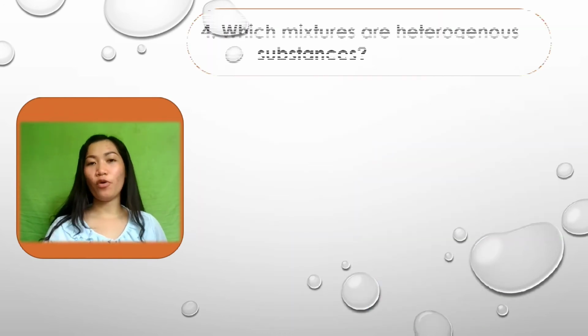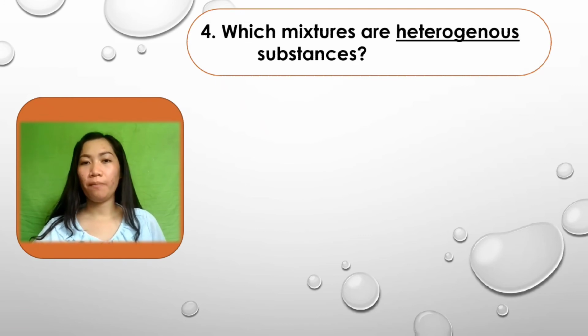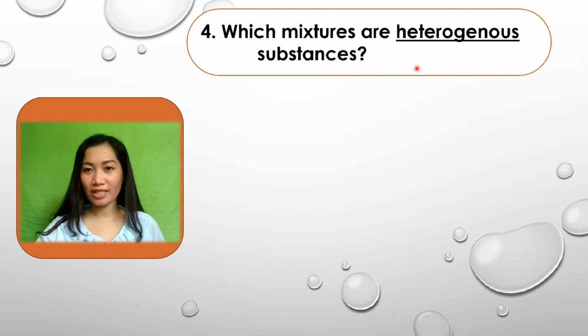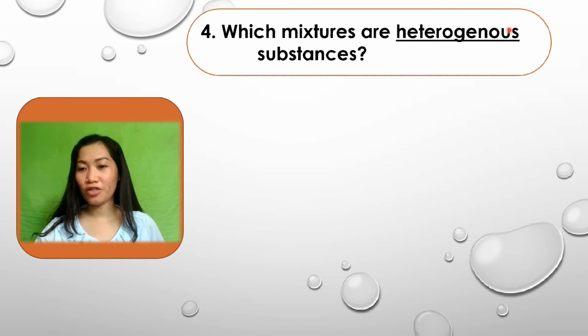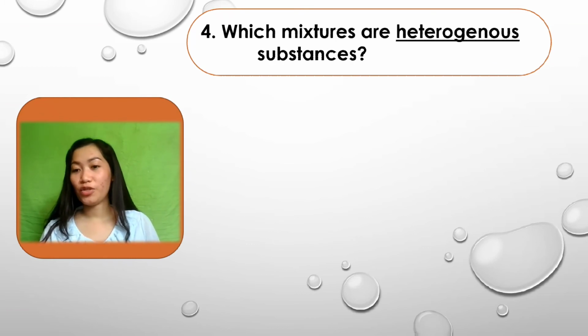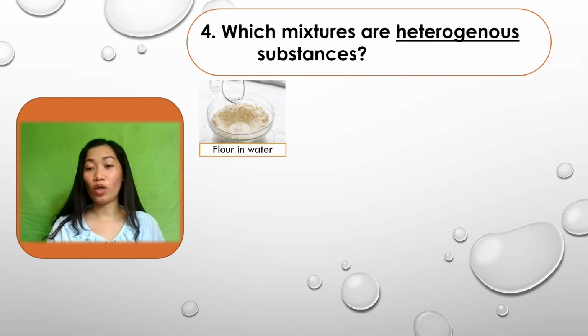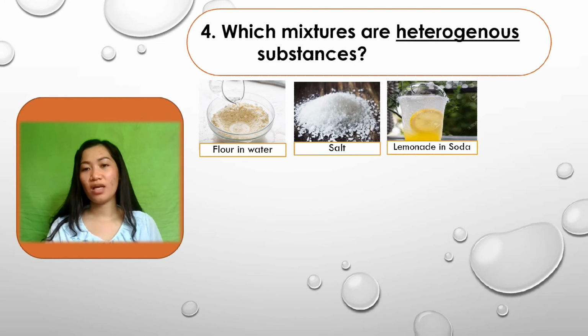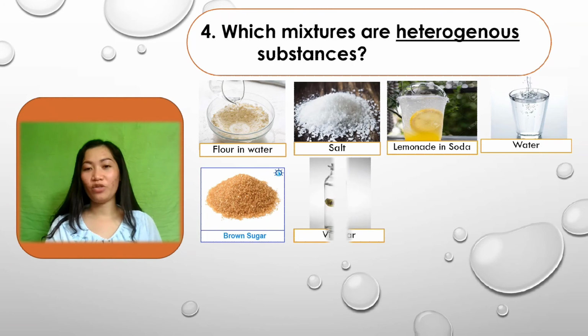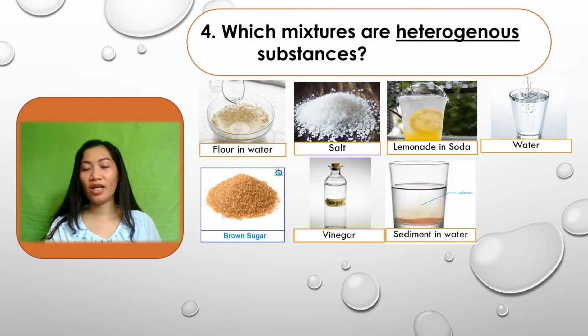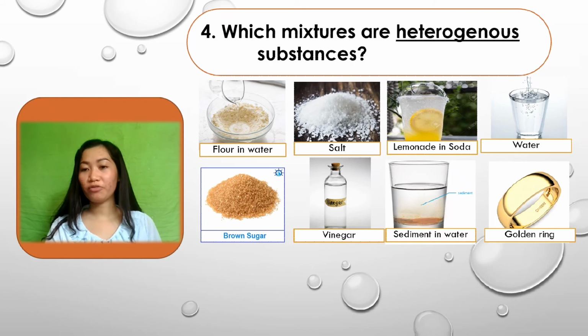Next, number 4. Which mixtures are heterogeneous substances? So this time we're asking for the heterogeneous. Again, heterogeneous means two or more substances being mixed, but they are not uniform. Is it flour in water, salt, lemonade in soda, water, brown sugar, vinegar, sediment in water, or golden ring?